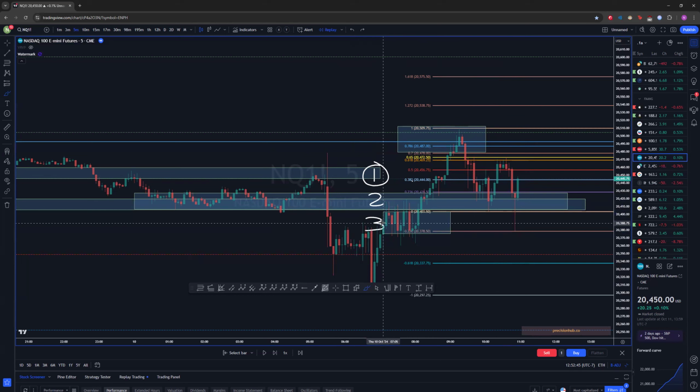Now, as you may notice, using this method, you will never completely mark the top or capture the entire move. Right. But that is not the point of this method. The point of this method is to be able to ride the momentum down without selling too early.